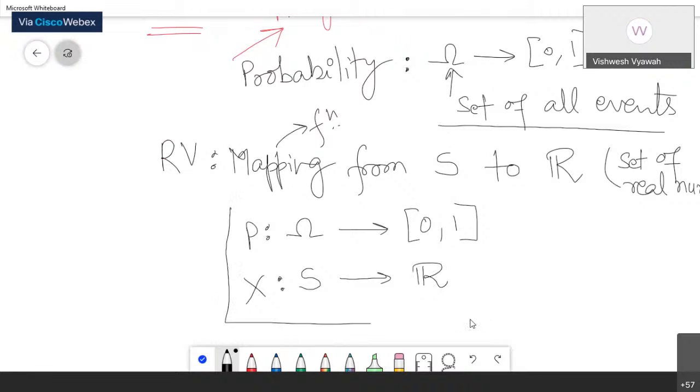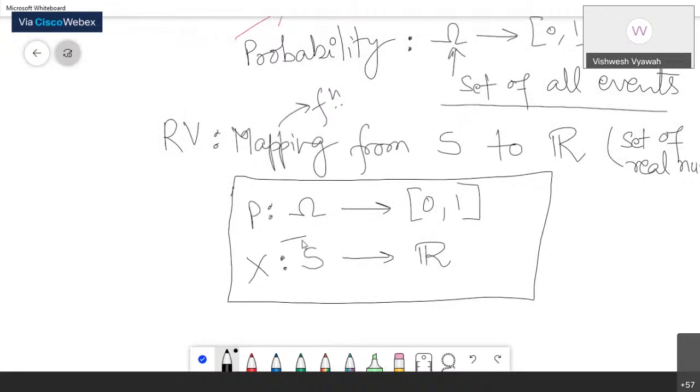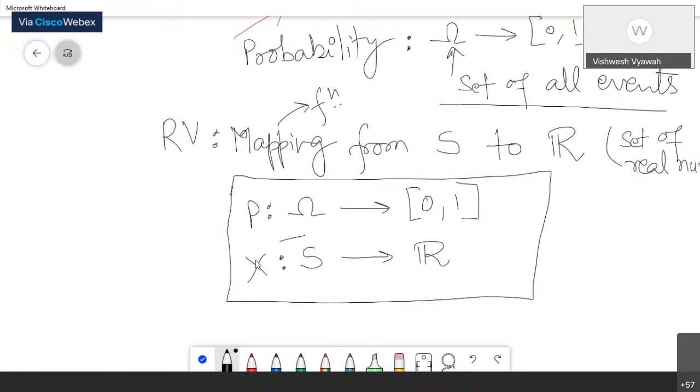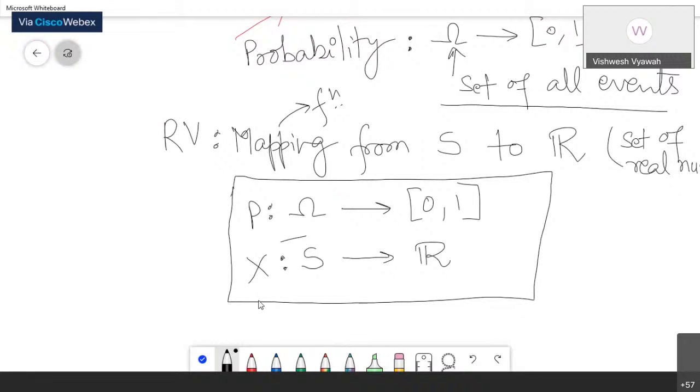Very important, these two concepts you should note down. First of all, you should understand the difference. For probability, sigma is your domain, and the output value you will find in 0 comma 1. In case of the random variable, it takes the arguments from your sample space, and it gives the answers in R.